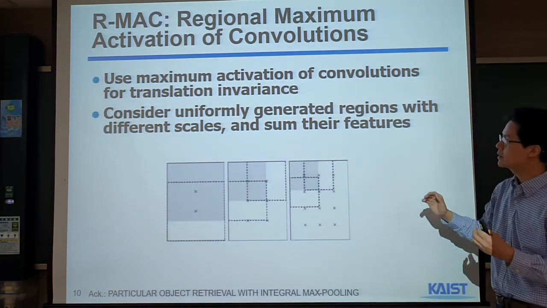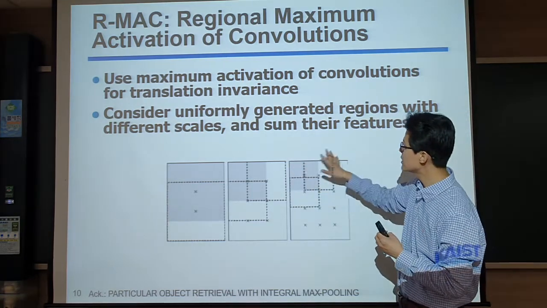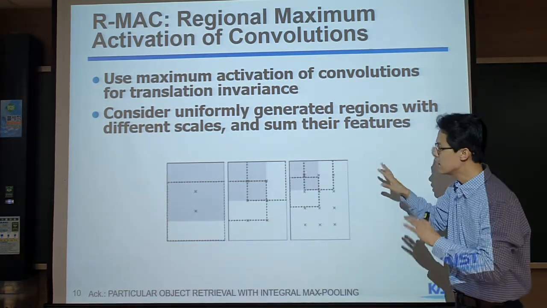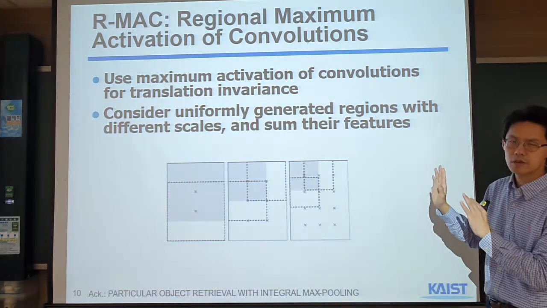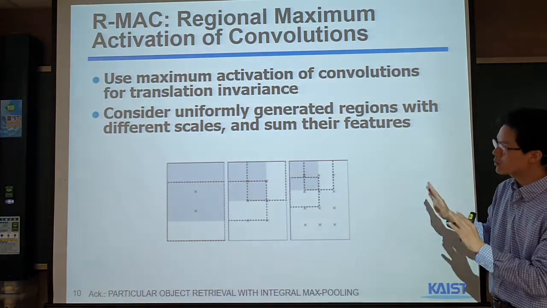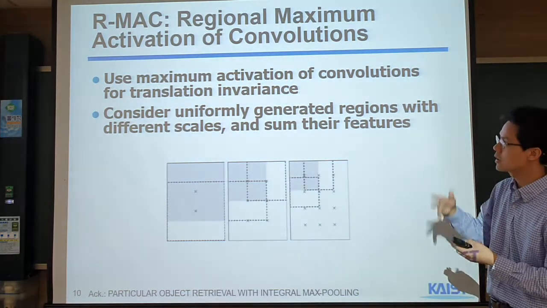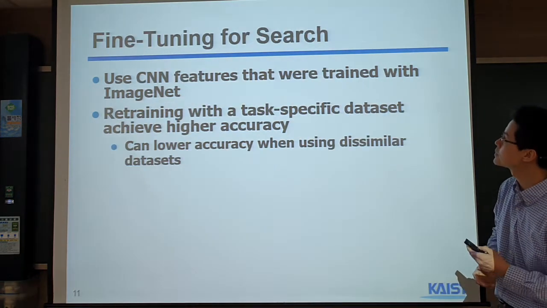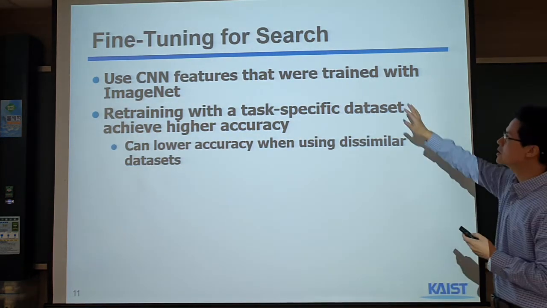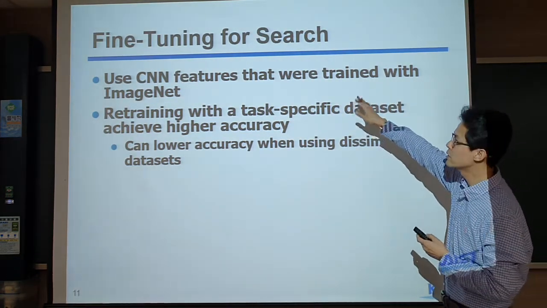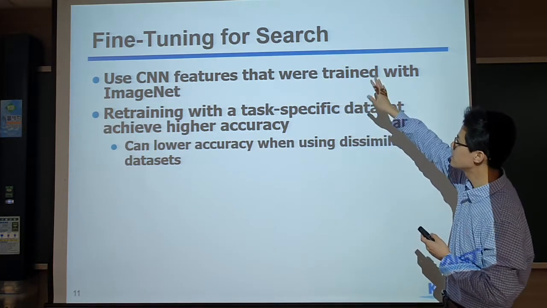Also, here we need to consider many different uniformly sampled regions, right? They also have some acceleration techniques, but I'm not going to talk about them here. If you're interested, you can look at those papers. Also, they mentioned that it will be better if we do some fine tuning for image search.